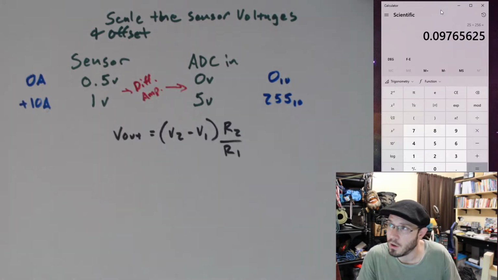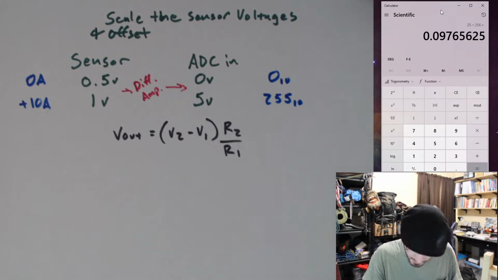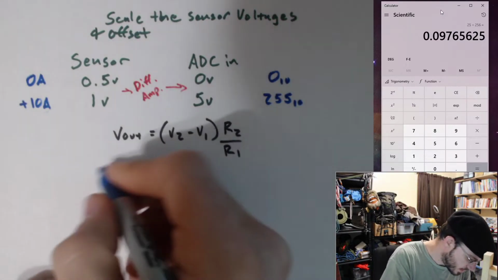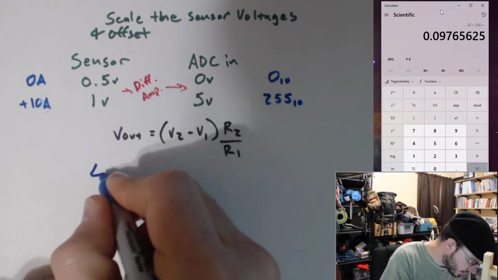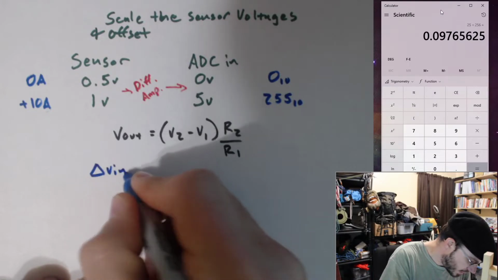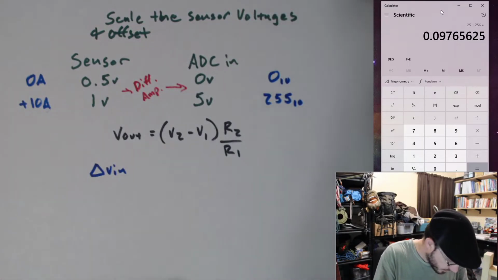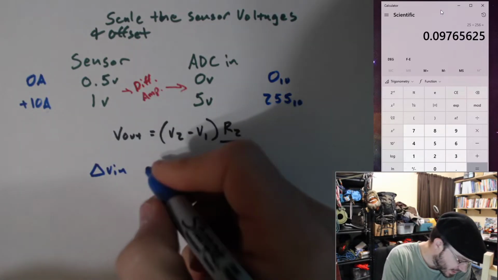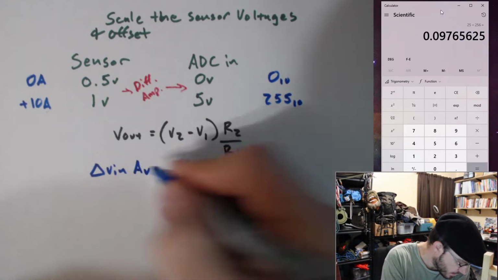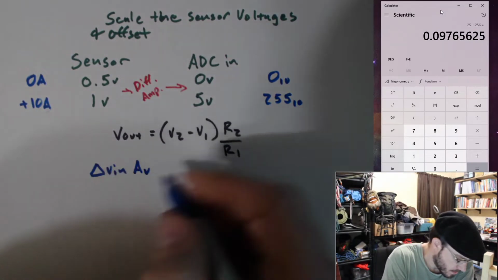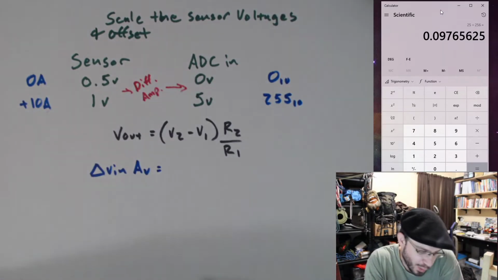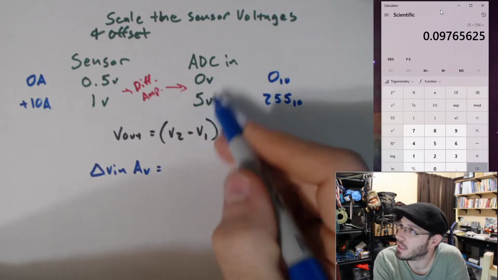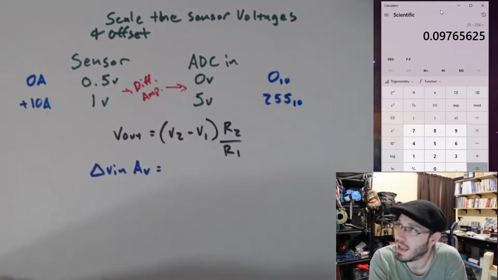Okay, so let's say my delta V in times some gain needs to equal my delta input to my ADC.